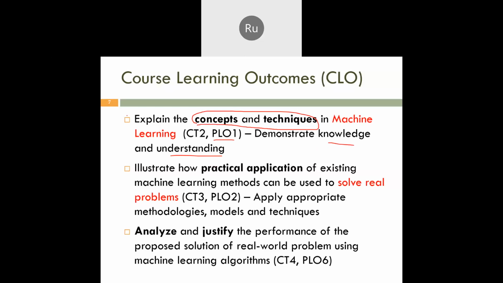For this one I will use the quiz and also the midterm to assess you. And we will also do some practical on how to apply the method in solving certain problems.